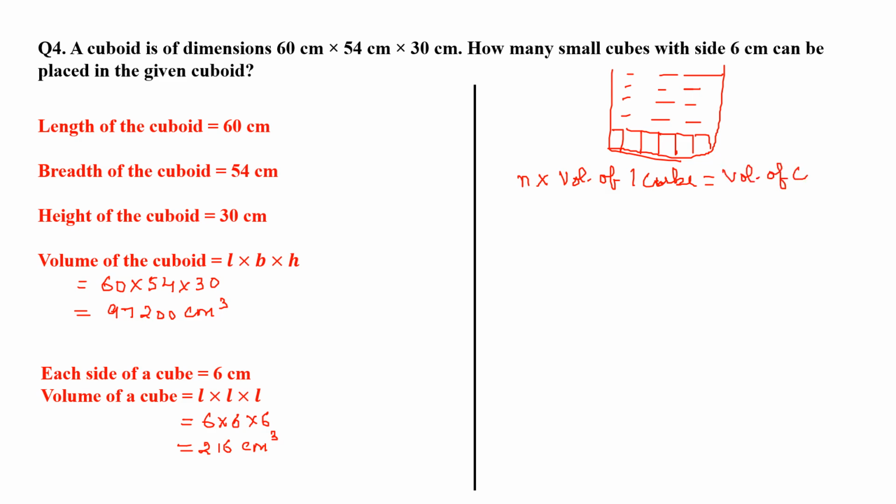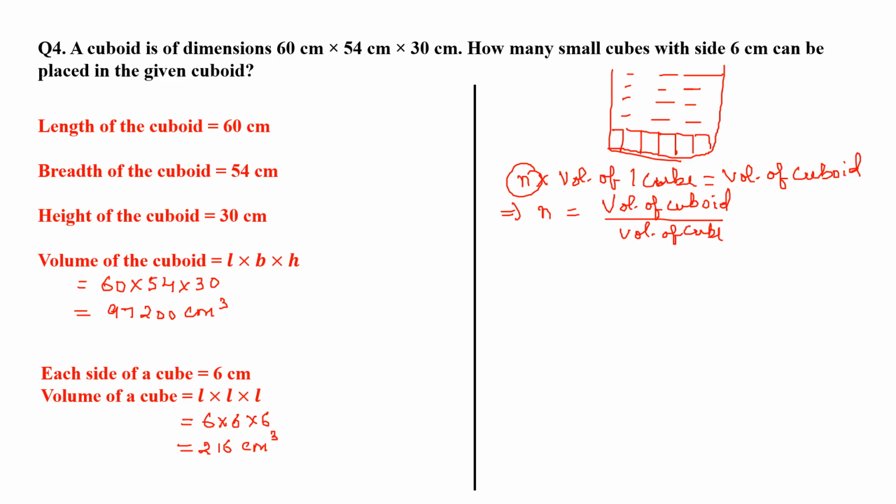Because you are going to place the cubes inside the cuboid, so the volume must be the same. And if you have to find the number of small cubes, it will be volume of cuboid divided by volume of cube, isn't it? You have to find the number of cubes.